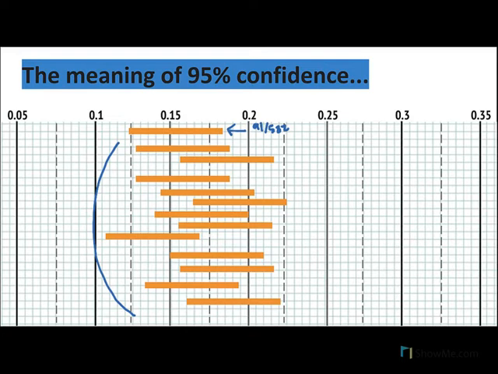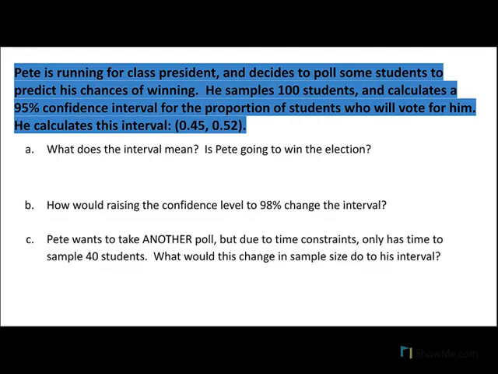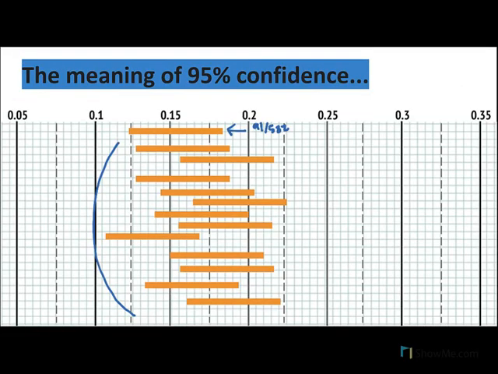So not every interval is going to be the same, not every sample proportion is going to be the same. We're going to have some differences. But the idea is that most of them, about 95% of them, should include the true proportion.